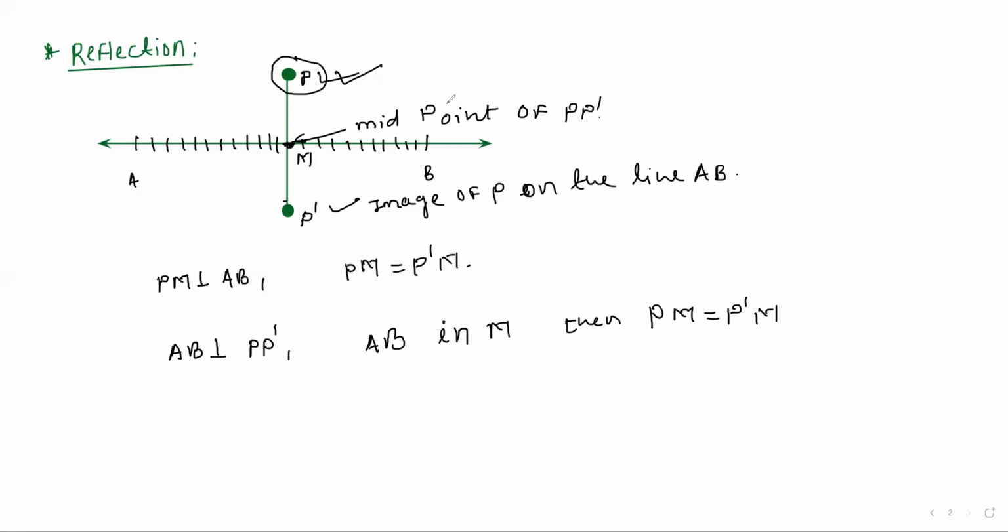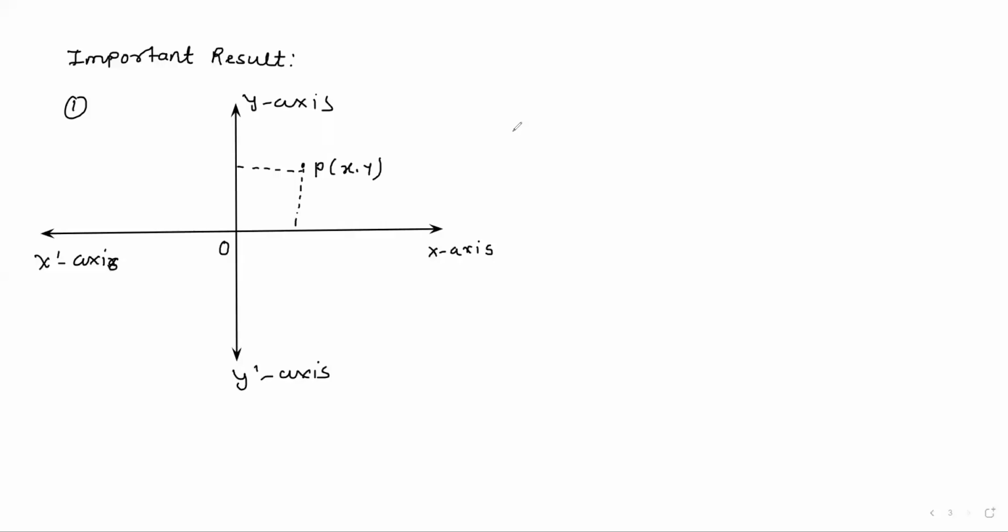Next we will see some combination of reflection. As we can see, this is point P in the xy coordinate axis. First important result is reflection of P in x axis.